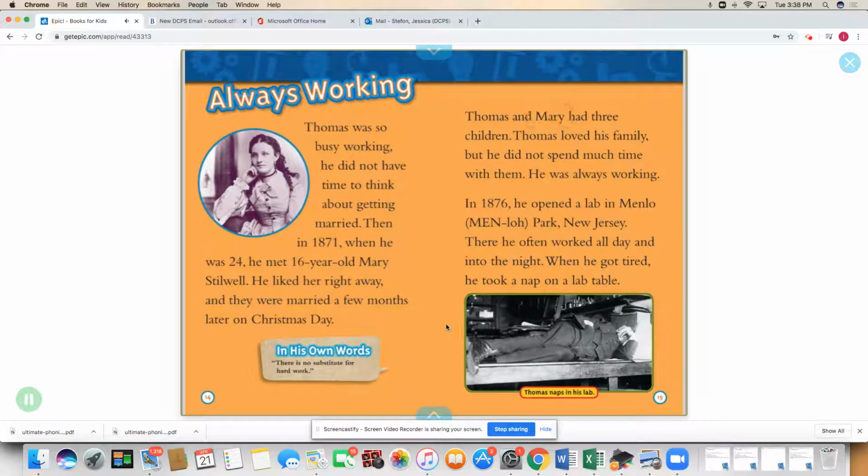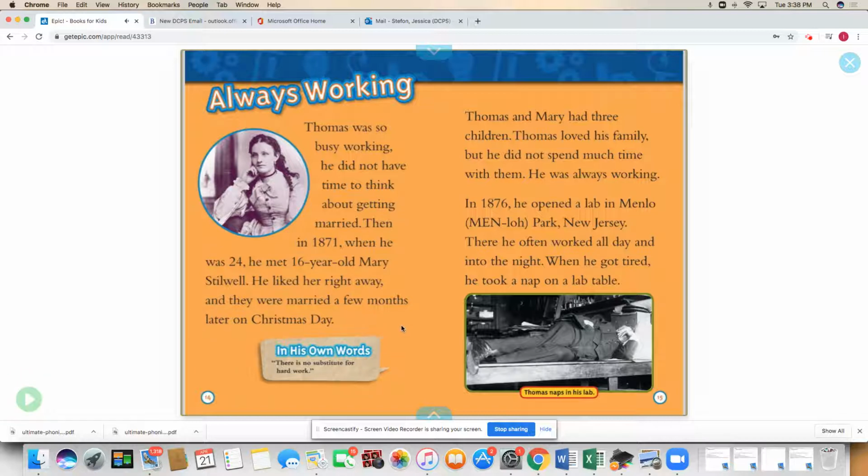Thomas and Mary had 3 children. Thomas loved his family, but he did not spend much time with them. He was always working. In 1876, he opened a lab in Menlo Park, New Jersey. There, he often worked all day and into the night. When he got tired, he took a nap on a lab table.